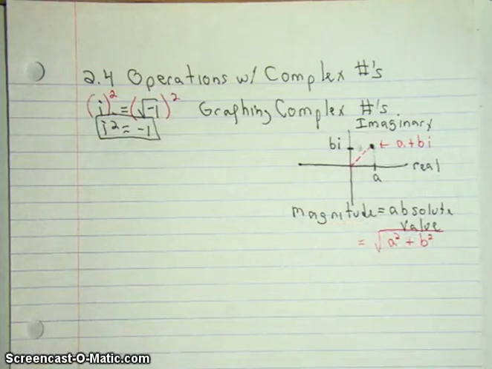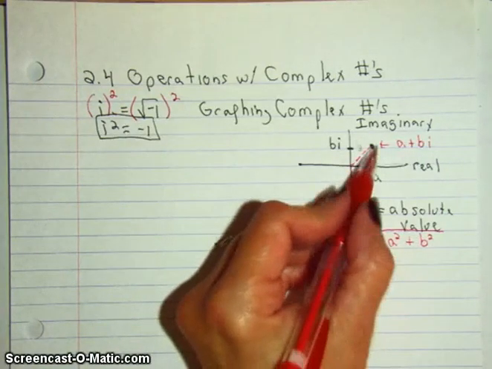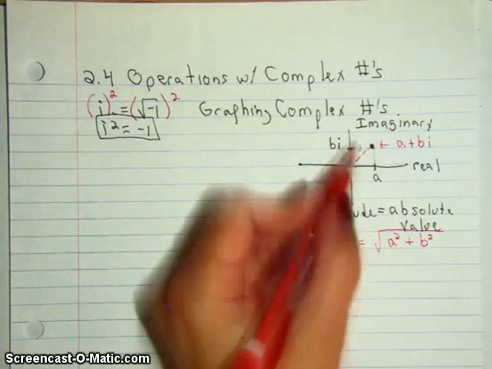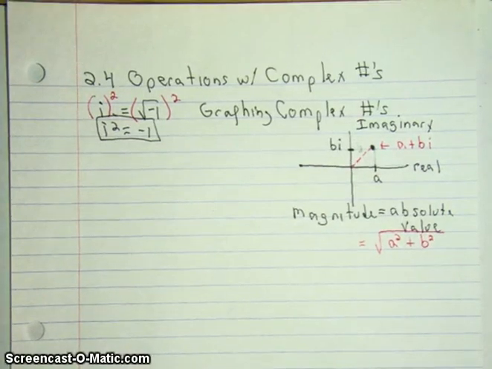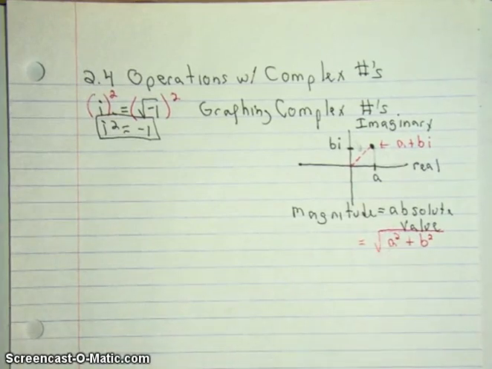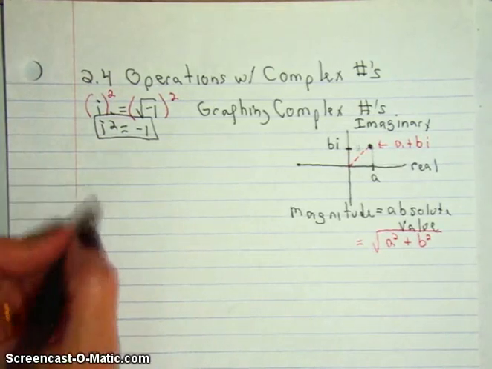So just like the Pythagorean theorem, a squared plus b squared equals c squared. That would be this length right here, and it's defined as the square root of a squared plus b squared. I don't care, guys, when you do absolute value or magnitude, if you use this formula or if you use the Pythagorean theorem. I'm fine, because both will work. All right?